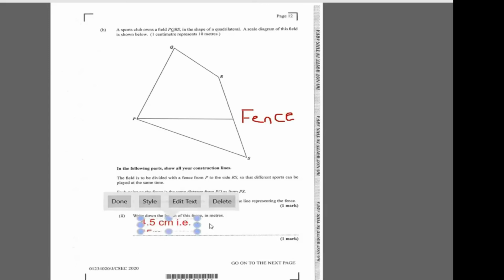Again, it's not accurate because I don't have the physical paper. It's not the actual paper I'm measuring. But in the exam, you're going to have the actual paper. This is a soft copy, so this is not entirely accurate.